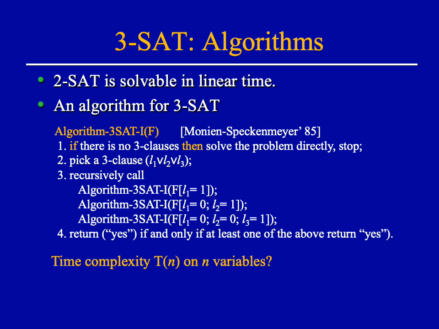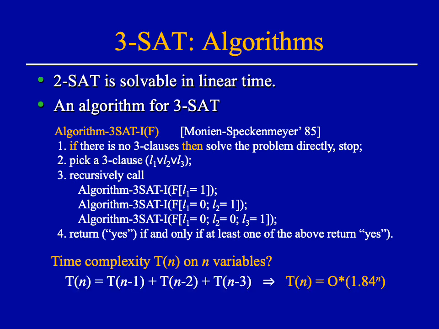So what is the complexity of this? Let's assume that the complexity of this algorithm is T(n) on n variables. Then the complexity is given by the following recurrence relation. Suppose the input instance has n variables. In case 1, you eliminate 1 variable, in case 2 you eliminate 2, and in case 3 you eliminate 3.